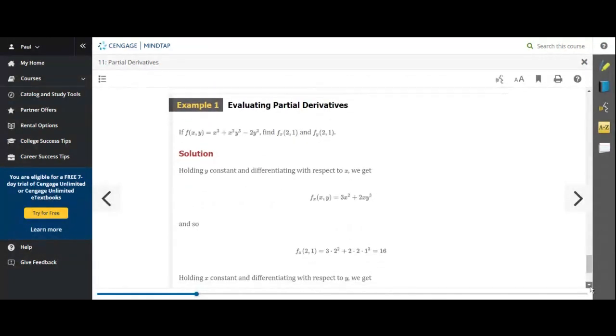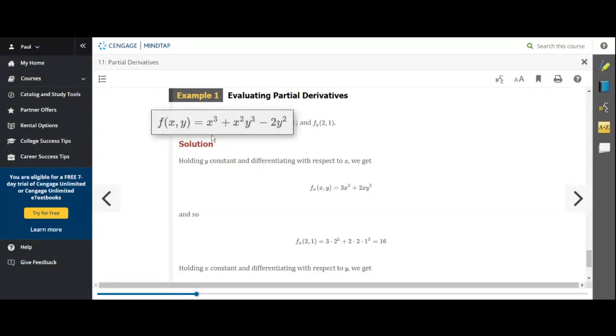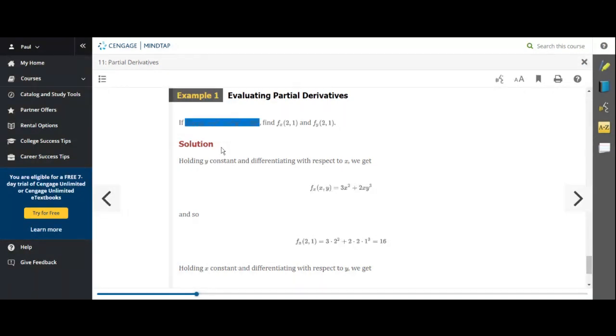So in example one here, you have a function of x and y, which equals x cubed plus x squared y cubed minus 2y squared.